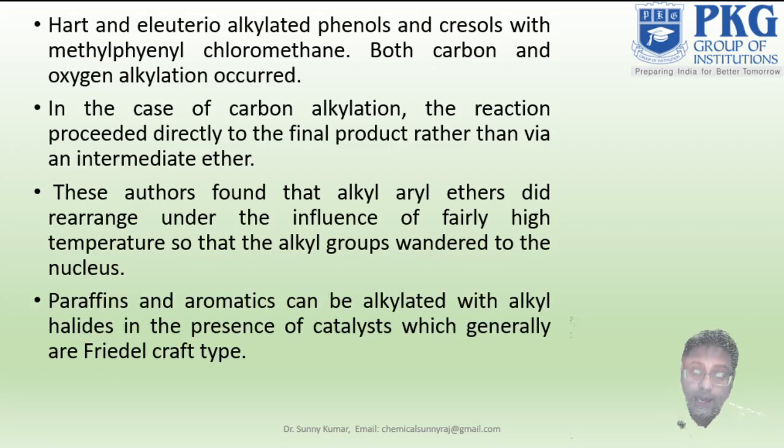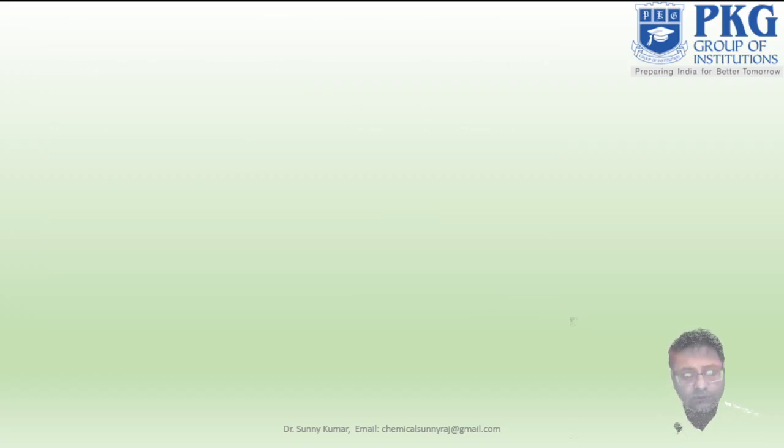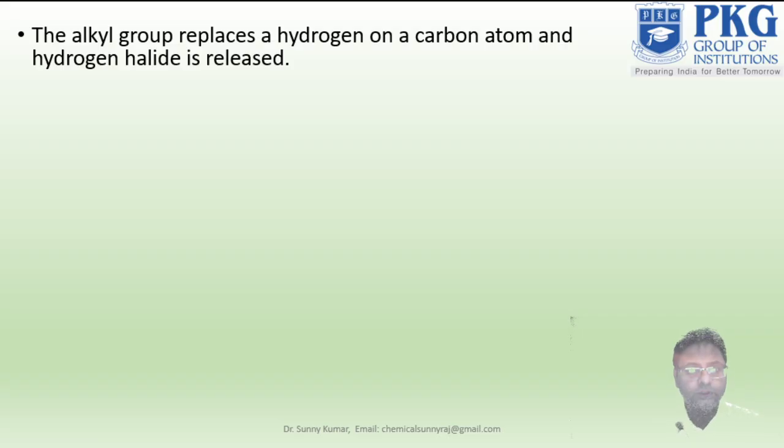Paraffins and aromatics can be alkylated with alkyl halides in the presence of catalysts, which generally are Friedel-Crafts types. In class 12 you have already read about this Friedel-Crafts reaction. The alkyl group replaces hydrogen on a carbon atom and hydrogen halide is released.